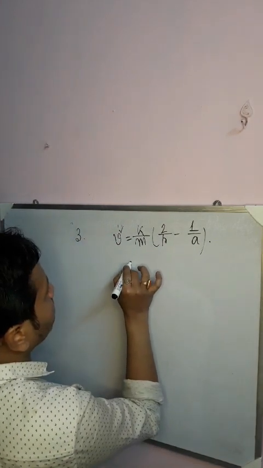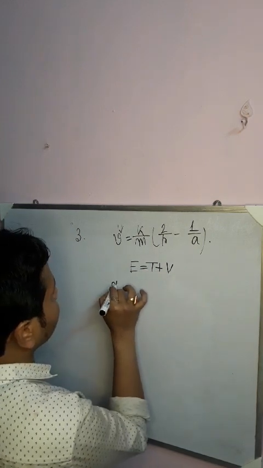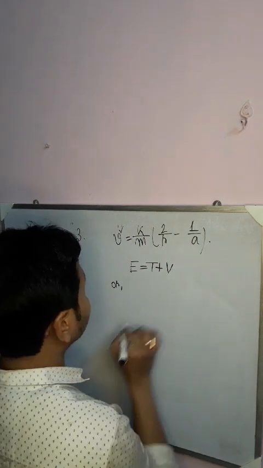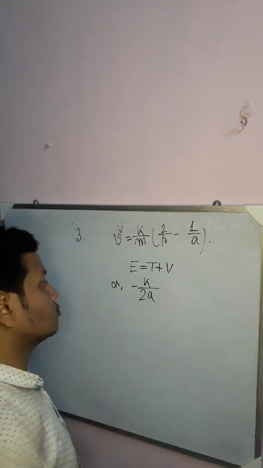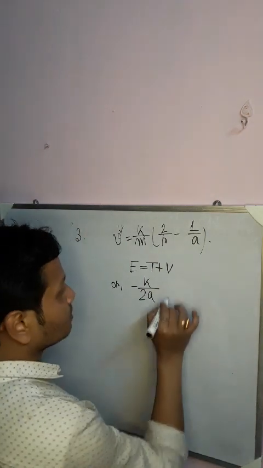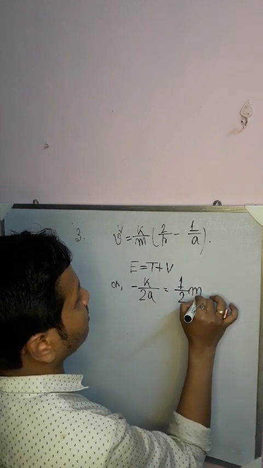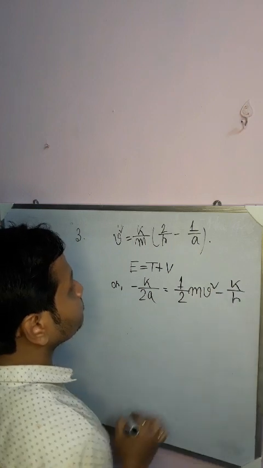How? We know that the total energy of a particle is nothing but the kinetic energy plus potential energy, and what we saw for elliptical orbits, the total energy solely depends upon the major axis. So you can put E equals minus k by 2a, and if the particle has mass m and velocity v, you can write T as half m v², and V is minus k by r.